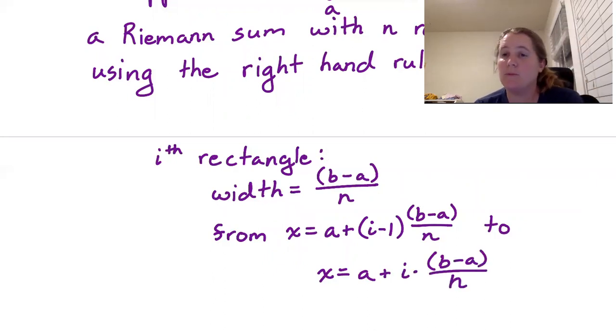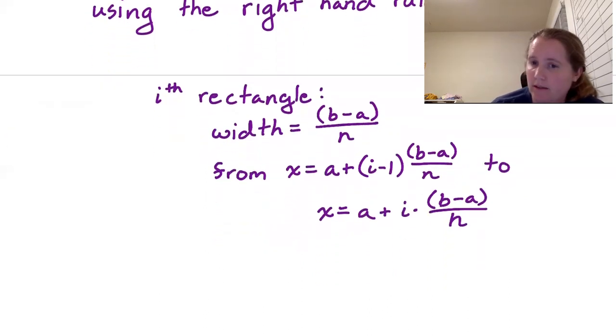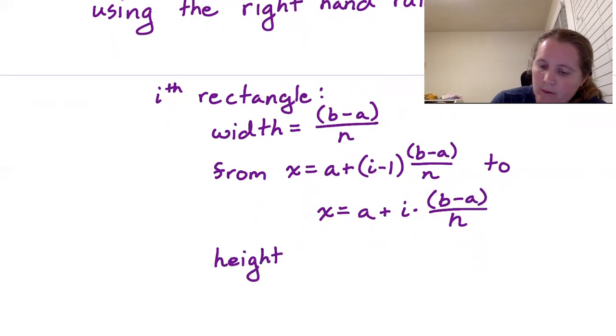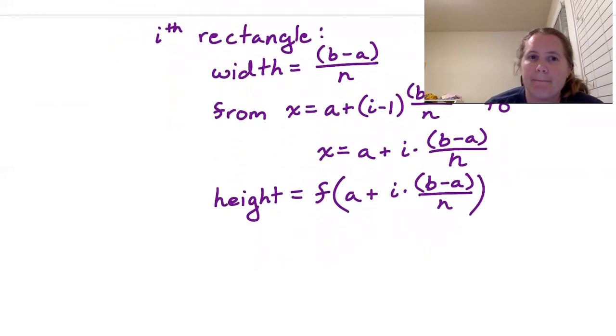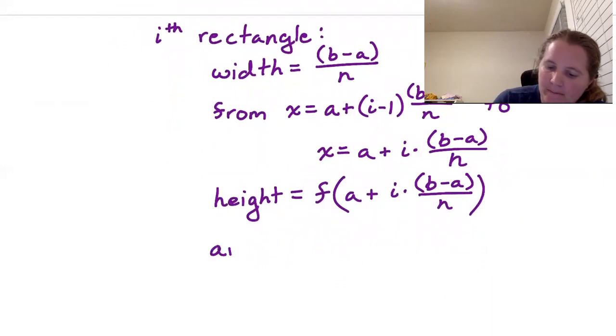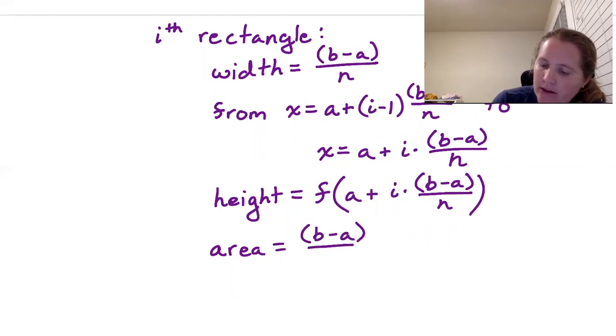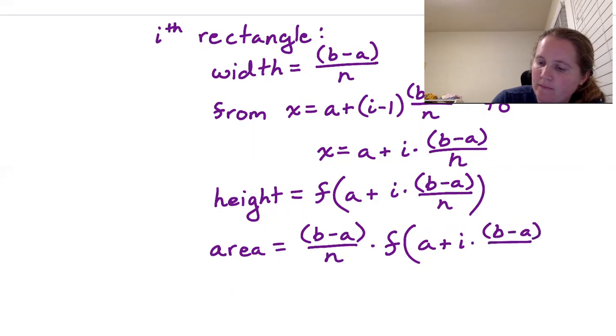We are going to use this right-hand x, so our height will be f of a plus i times b minus a over n. The area will be that width, b minus a over n, times f of a plus i times b minus a over n.